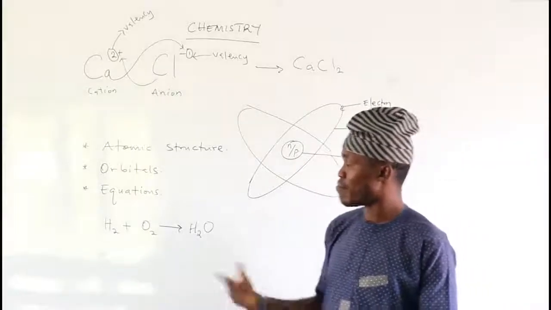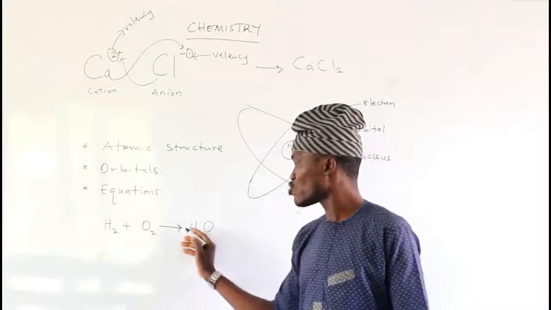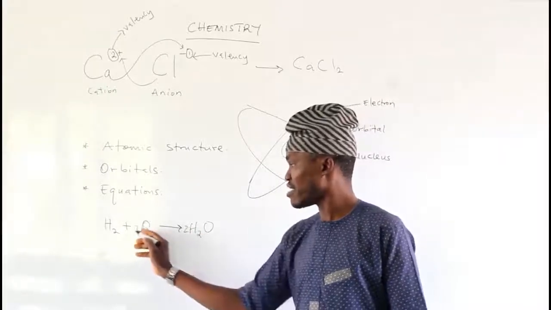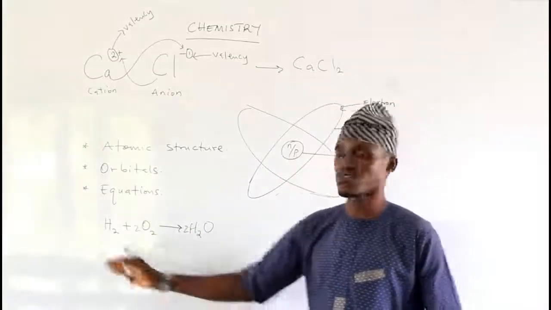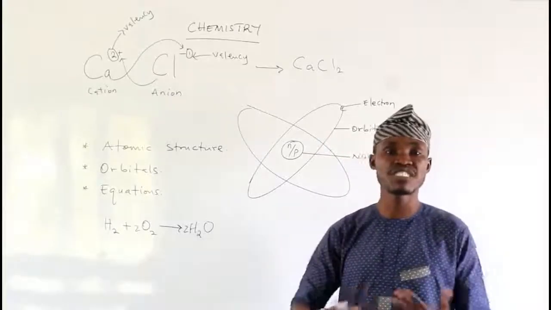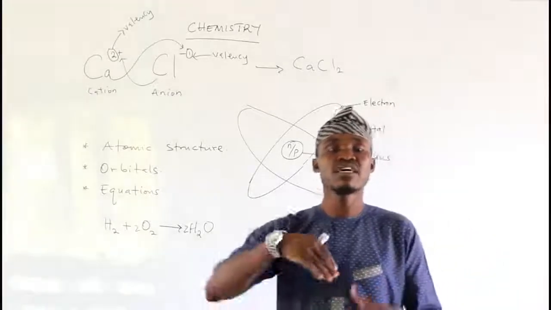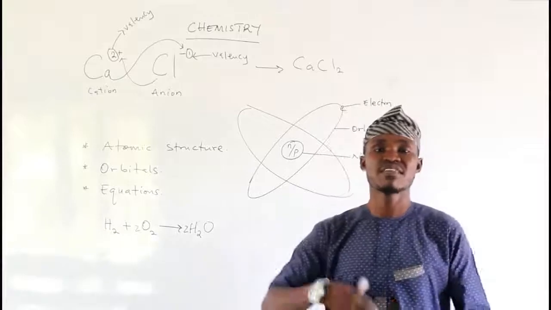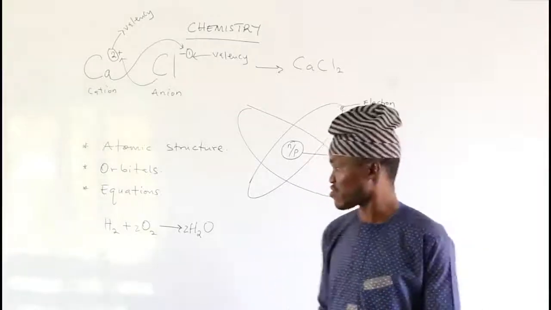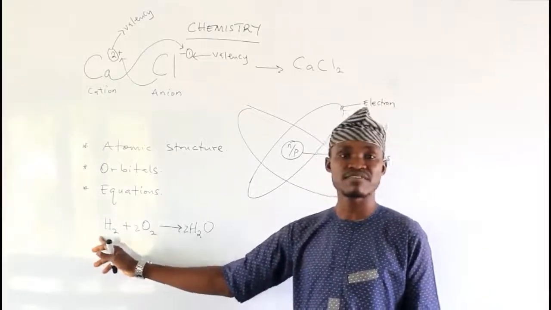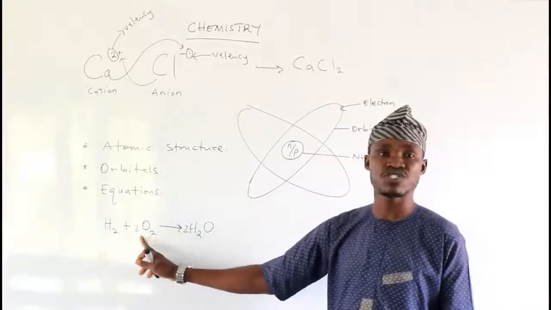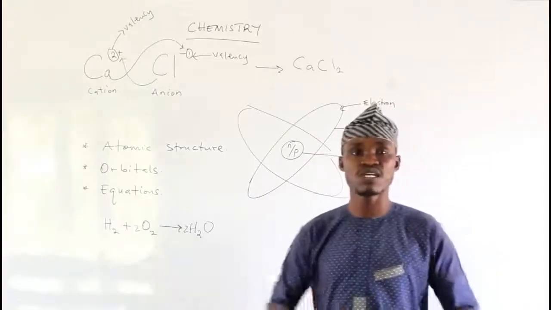Now we go ahead and balance the equation by adding 2 here, okay, and then making here also to be 2. So from the stoichiometry of the equation, which tells us more about the amount of substances that are present in the reaction, as you can see, we have 1 mole of hydrogen gas reacting with 2 moles of oxygen gas to give us 2 moles of water.